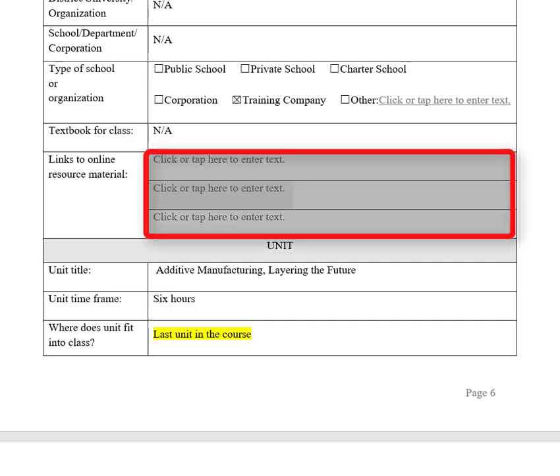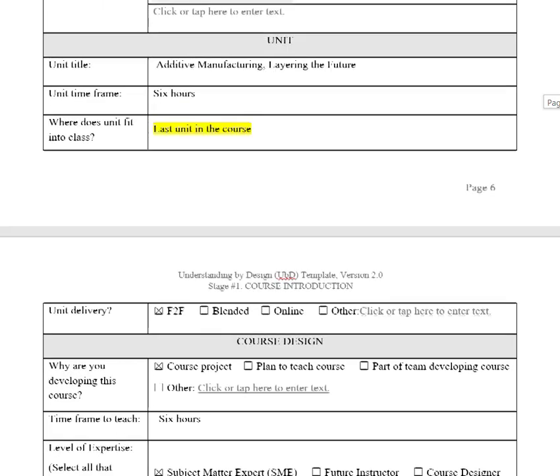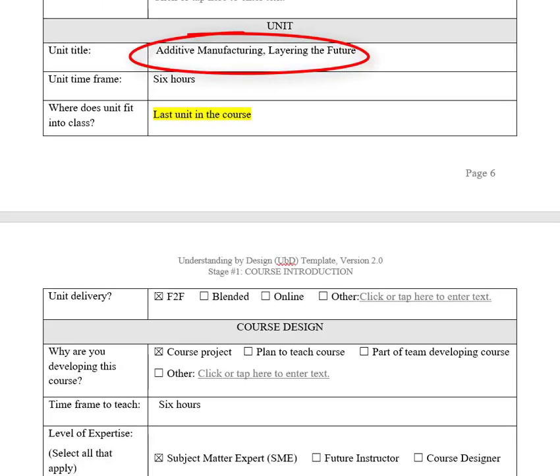Okay, we're going to go down to unit now. Unit title, additive manufacturing, layering the future. The unit time frame is 6 hours. So this is a class, but this particular unit is only 6 hours. Where does the unit fit into the class? Now you'll notice here that I have a yellow highlighting over this. And this is because through the UbD process, as you get through stage 1, stage 2, and stage 3, you're going to find that you need to go back and revise things to make sure they all align.